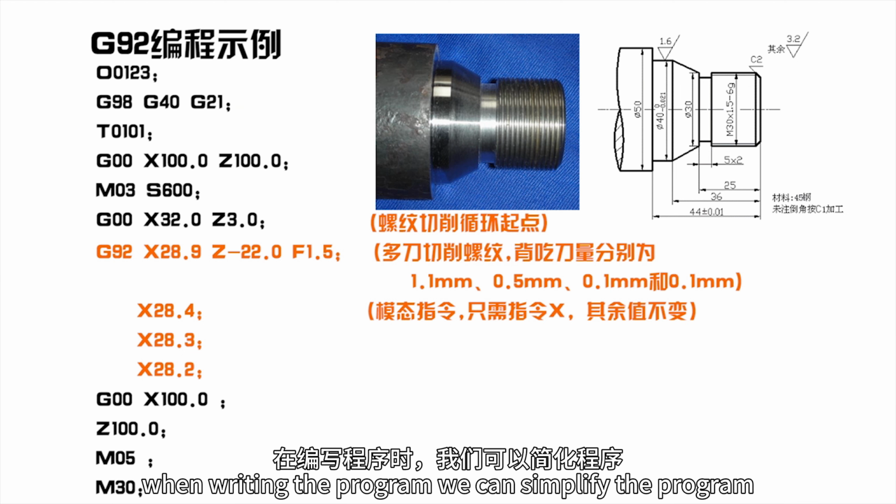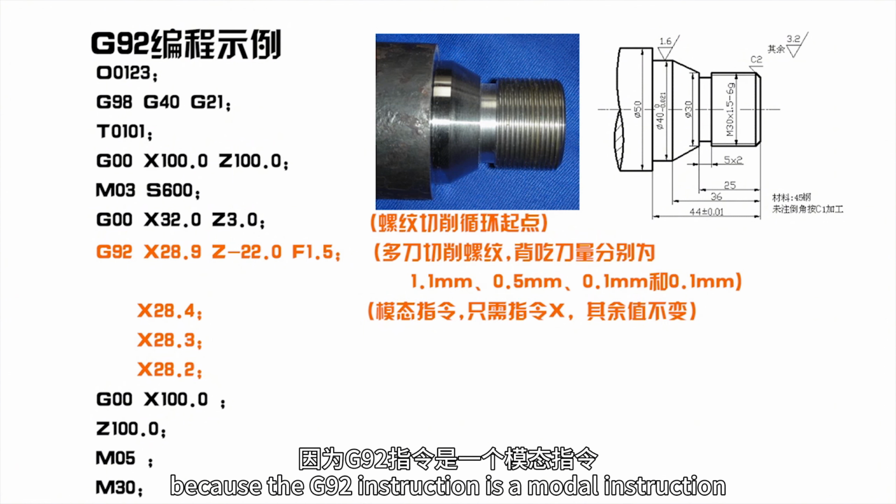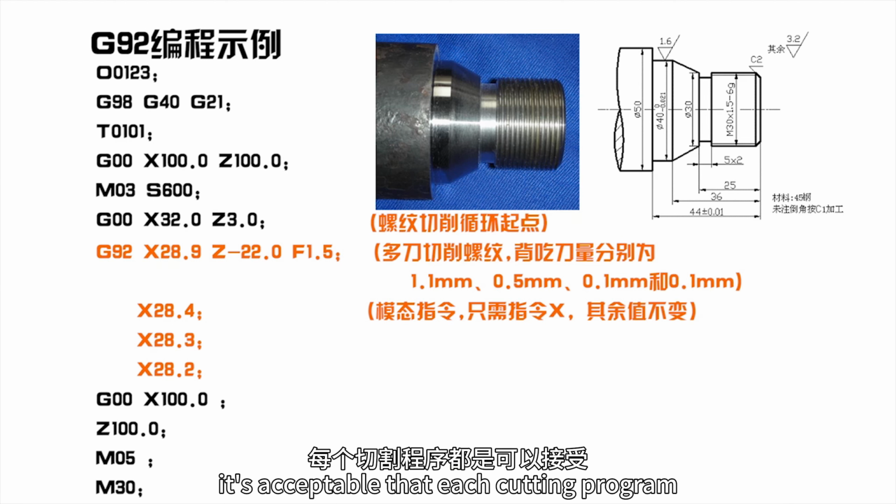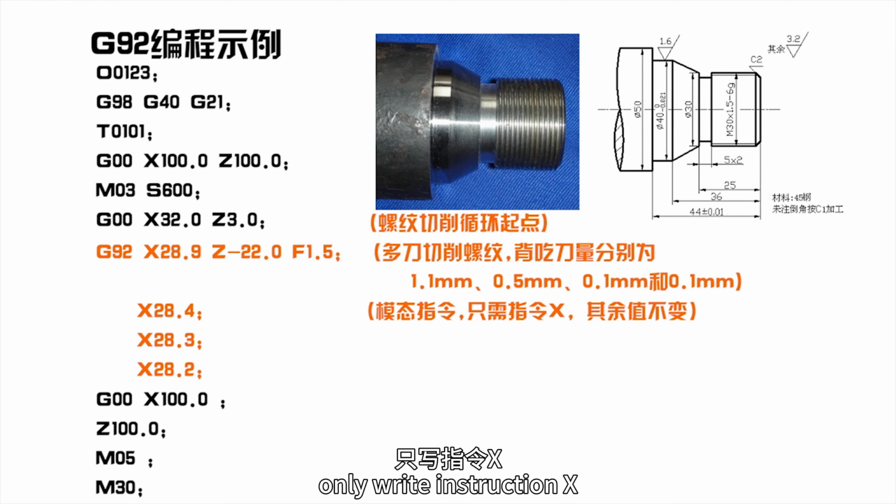When writing the program, we can simplify it because the G92 instruction is a modal instruction. It's acceptable that each cutting line only writes the X instruction.